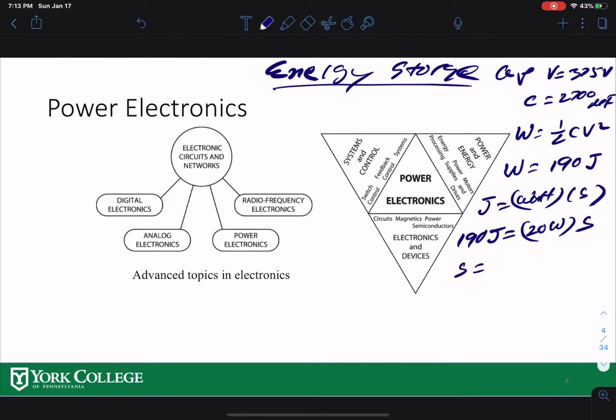If you look at the seconds now, 190 over 20 gives 9.5 seconds, right? So for this calculation, this capacitor can only supply 9.5 seconds of energy to a 20-watt light bulb. This is not practical at all.